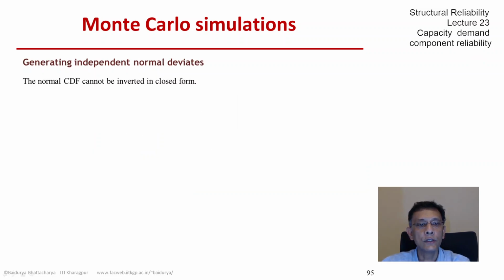We could use the inversion method also to generate normals, but that would not be very desirable because the normal CDF cannot be inverted in closed form, although you can call such functions, but it is generally a little expensive and sometimes there could be convergence issues.